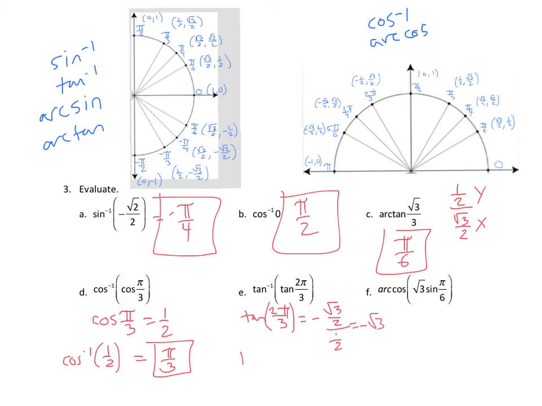Now I'm going to do tangent inverse of negative radical 3, so I need to look between negative pi over 2 and pi over 2 and find the angle that has a tangent value of negative radical 3. Tangent values are negative in quadrant 4, and so the answer is going to be negative pi over 3.